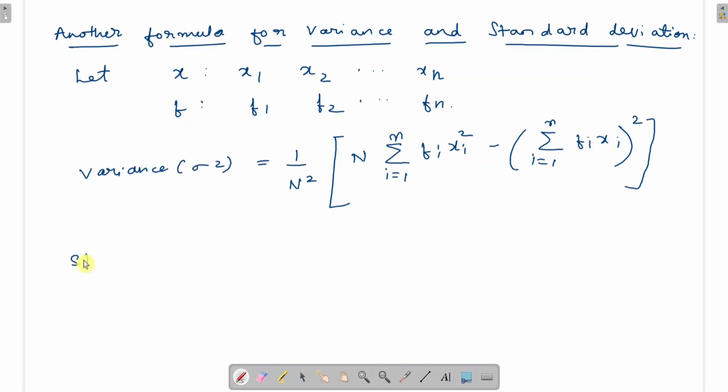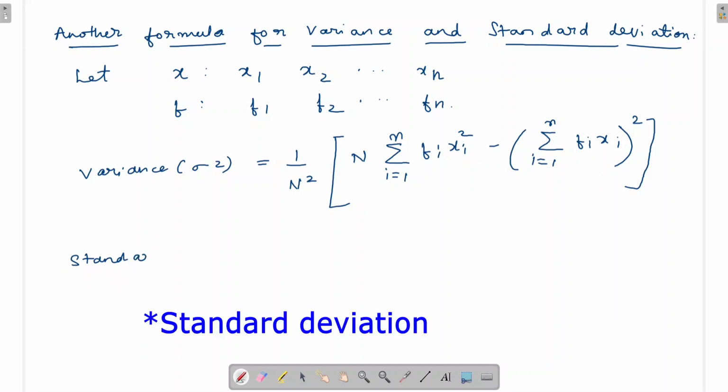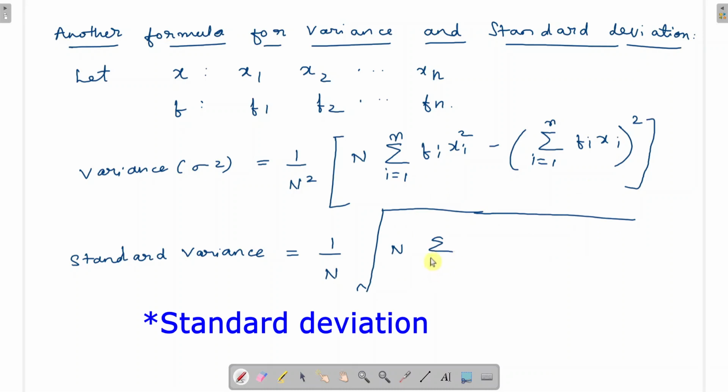Okay, then the standard deviation is just the root of variance, right. So it will be 1 by n the whole root of this, right. So n times summation i going from 1 to n fi xi square minus summation i going from 1 to n fi xi the whole square.